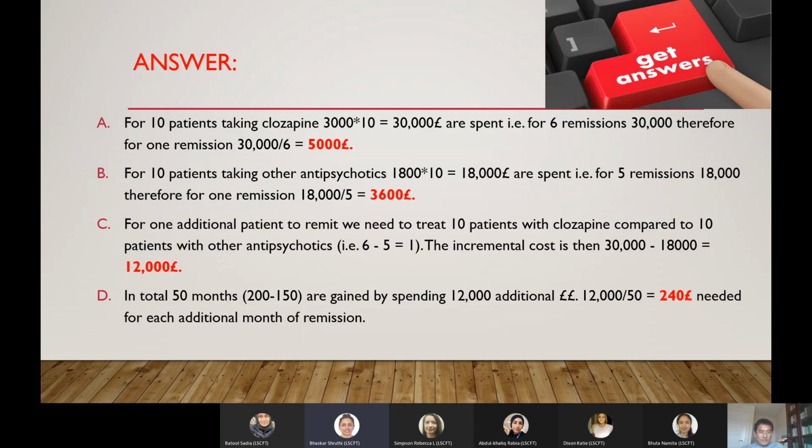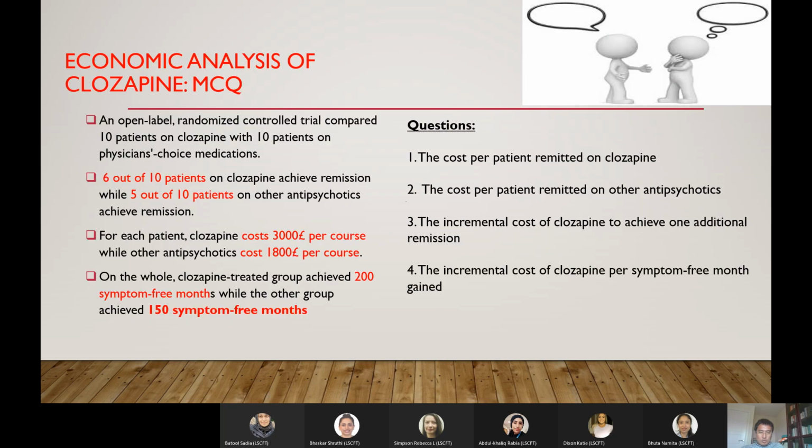So the way we calculate is, for the 10 patients taking clozapine, 6 remitted, so we subtract. This is the answer for the first one. Let us look at the question: the cost per patient remitted on clozapine. This is for clozapine and this is for the other antipsychotic medication.